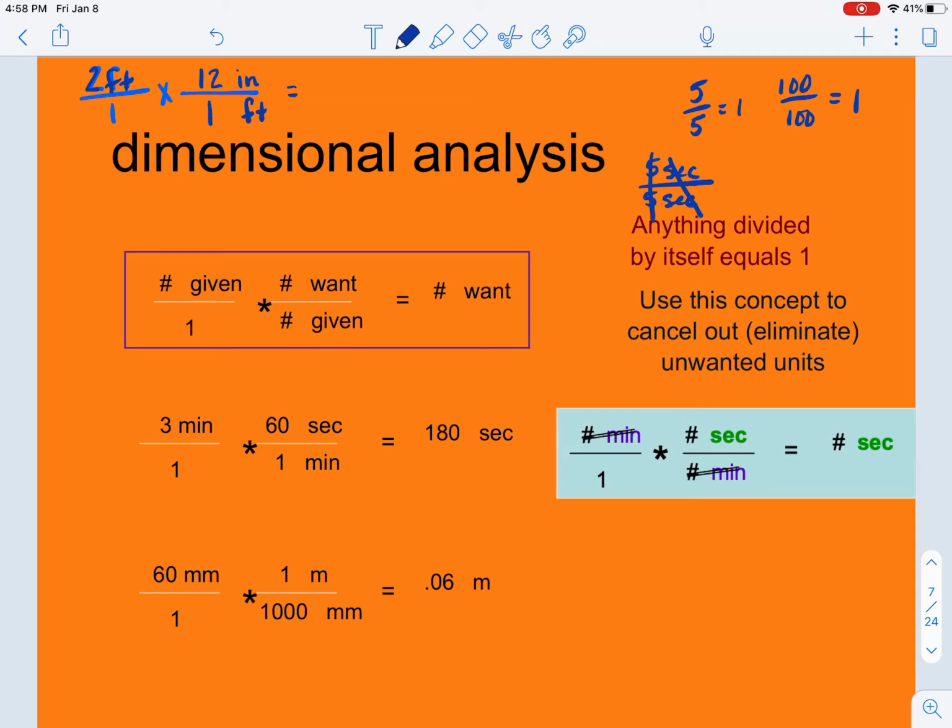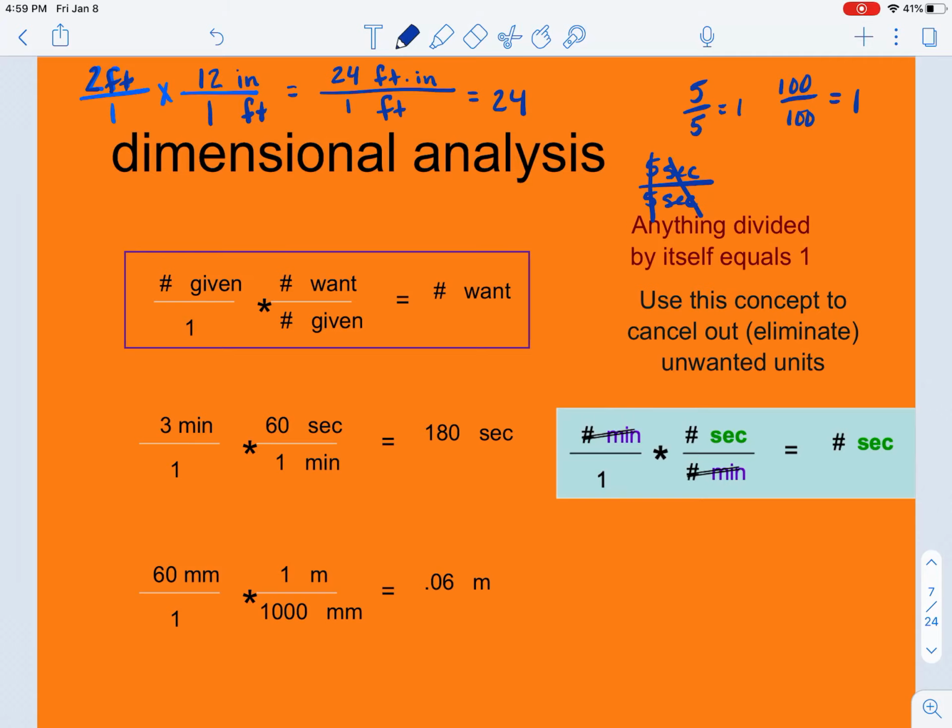We are multiplying across. So 2 times 12 is 24 feet times inches. And then I have 1 times 1 is 1 feet. So let's go ahead and address the obvious. Numerically speaking, 24 over 1 is just 24.